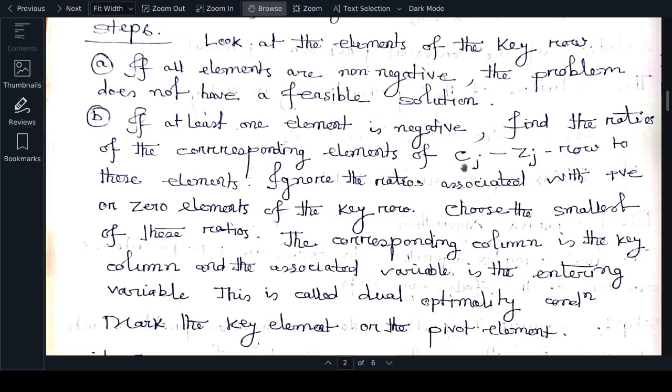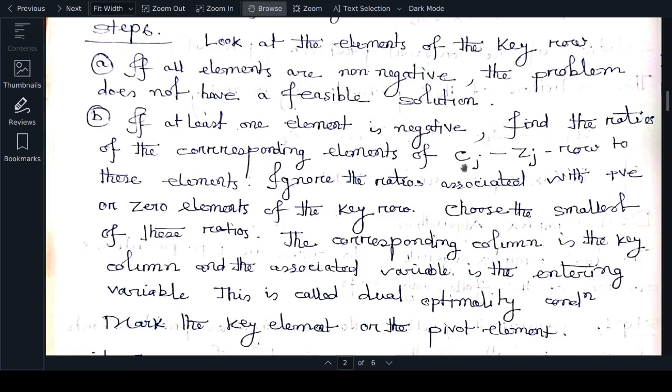Only find the ratios associated with negative elements. Choose the smallest of these ratios.